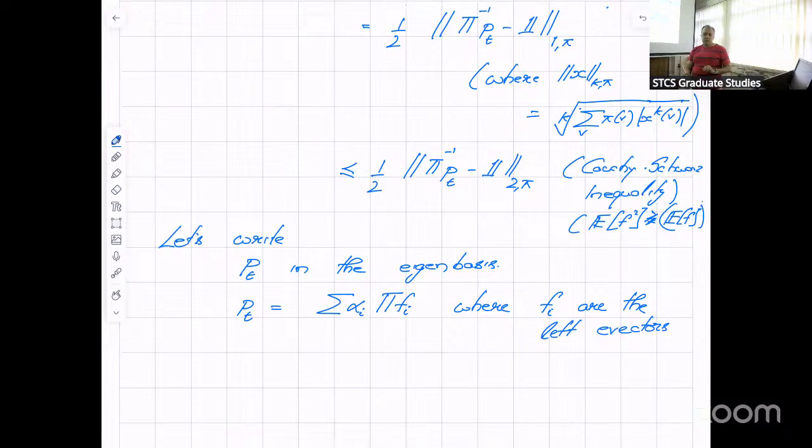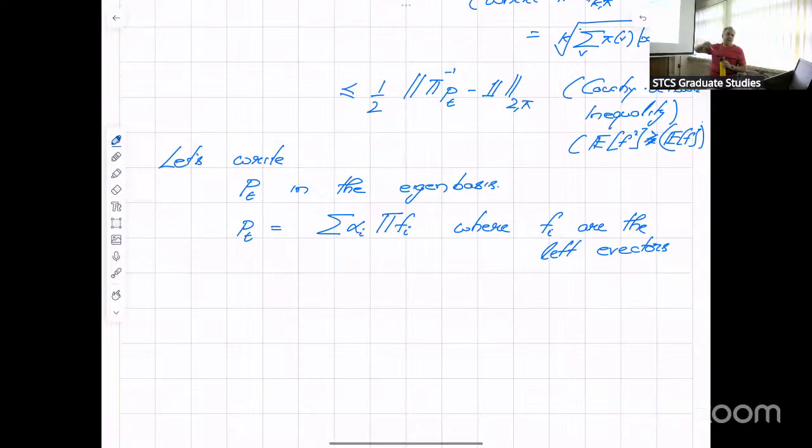I'm just writing it down. That case of Jensen is called Cauchy-Schwarz. Okay, convexity. It's convexity, that's all.